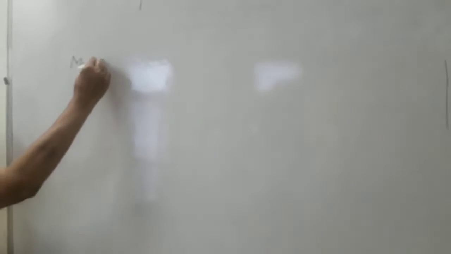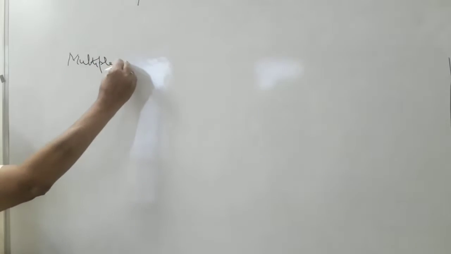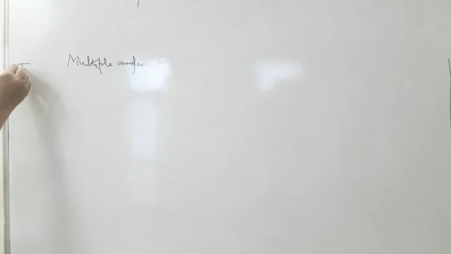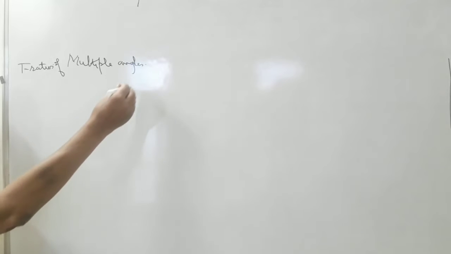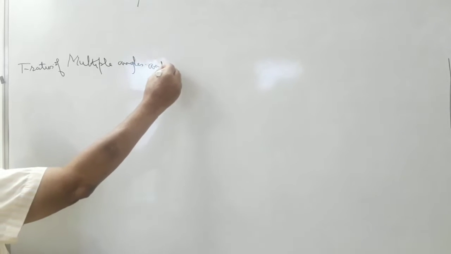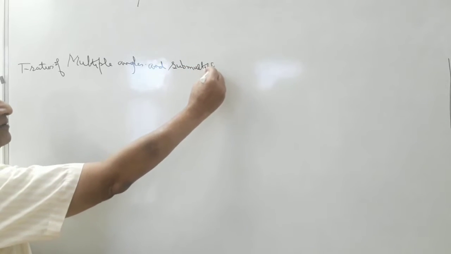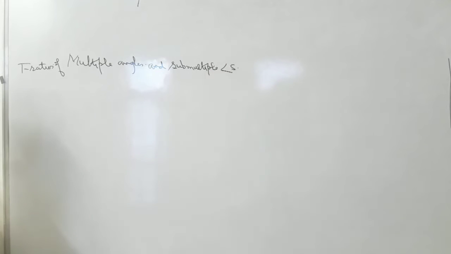Let us pick up once again a very important topic, that is on multiple angles, that is, T ratios of multiple angles and submultiple angles. So first of all, let us introduce the different formulas used here in this topic.